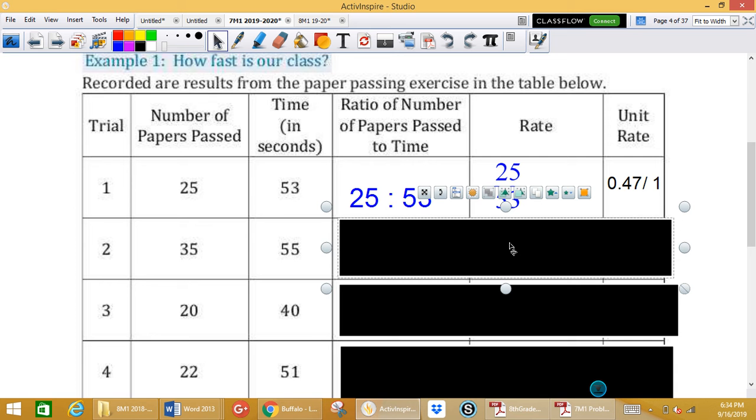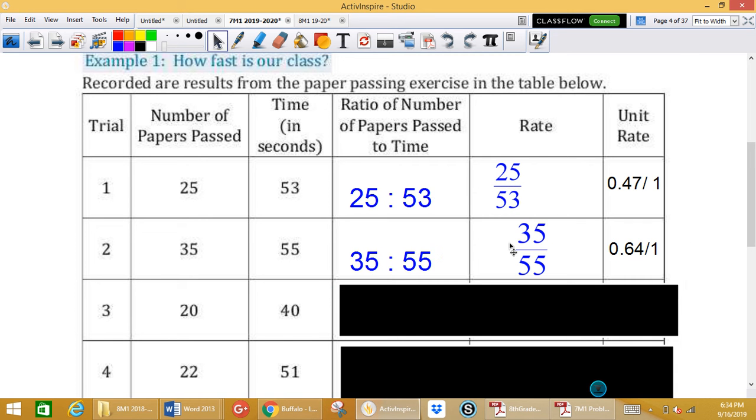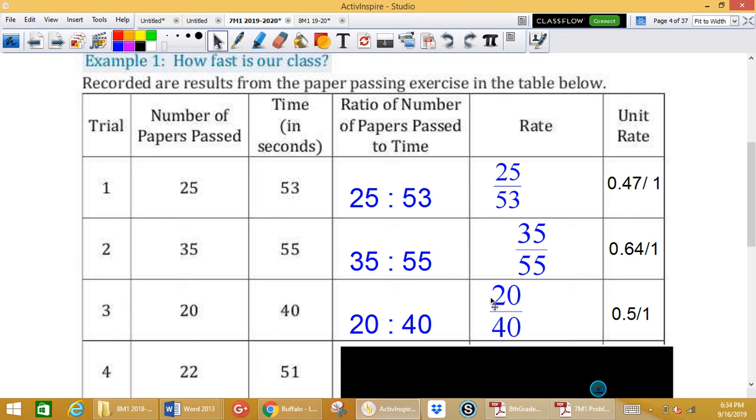The next one is 35 papers in 55 seconds. So you get 35 to 55, 35 over 55, and when we divide that, we get 0.64 over 1. 20 papers in 40 seconds. 20 to 40, 20 over 40, and that's 0.5 or 1/2, a half a paper per second.